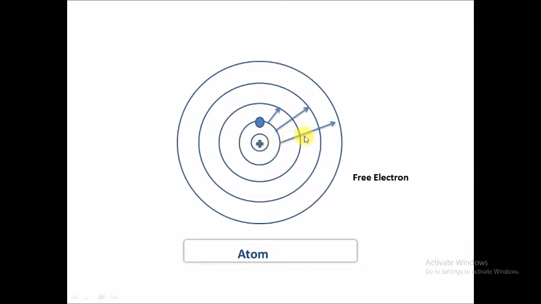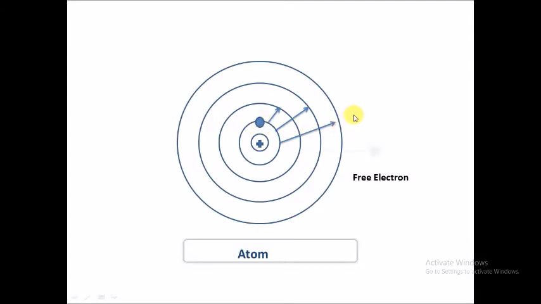If that electron goes beyond this range, there is no bonding of that electron with the nucleus. Now, suppose at this position the energy of the electron is 20 electron volts, and I provide 25 electron volts of energy to this electron.